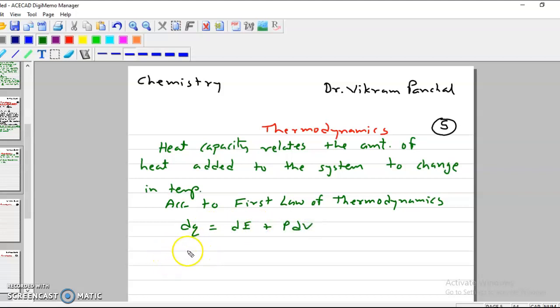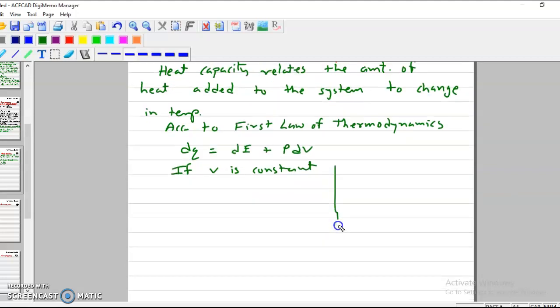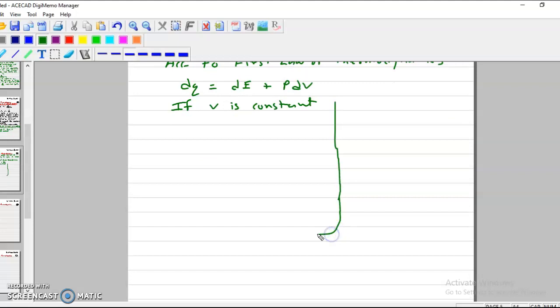But if volume is constant, then dV is equal to 0. Therefore, dq is equal to dE.